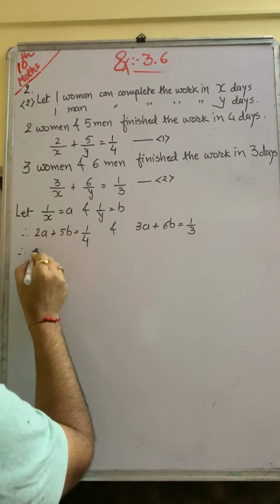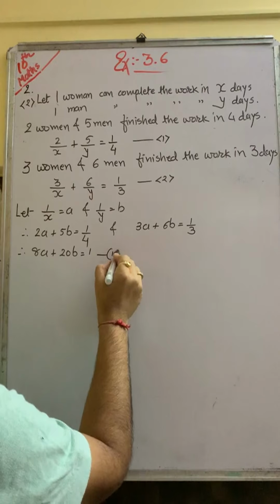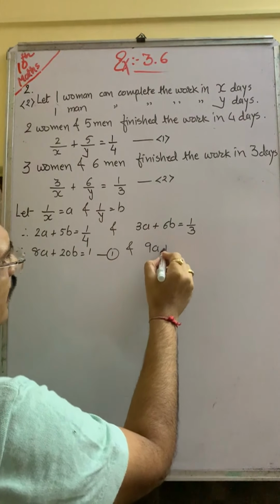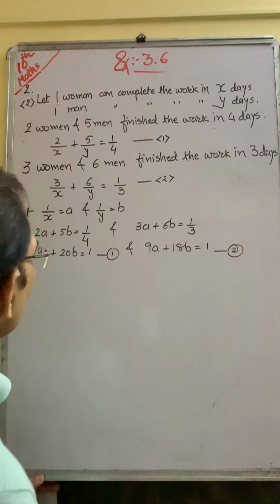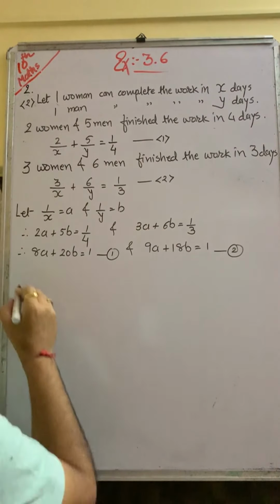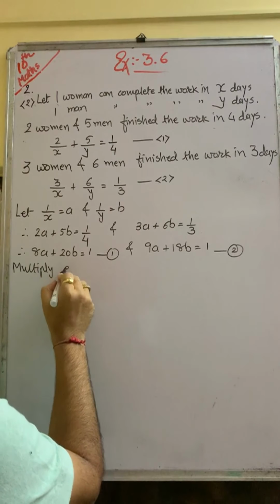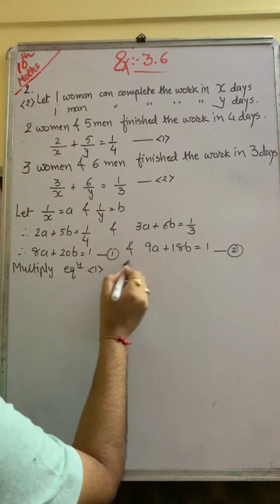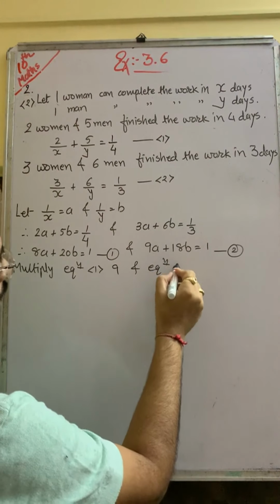Take 4 this side: 8A plus 20B equals 1. And 3 3s are 9A, 6 3s are 18B equals 1. Now multiply equation 1 by 9 and equation 2 by 8.